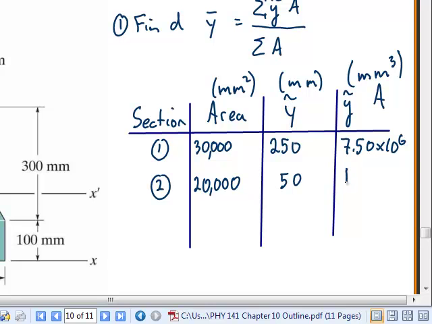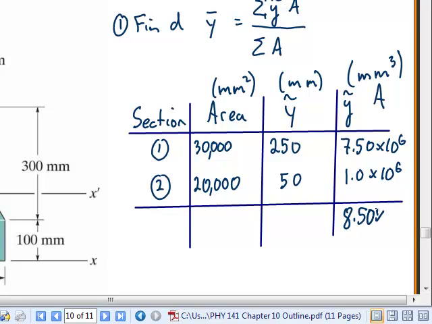So that's 1.0 times 10 to the 6. So if we add those up, 8.5 times 10 to the 6.